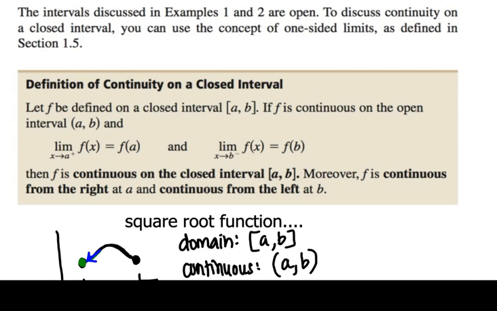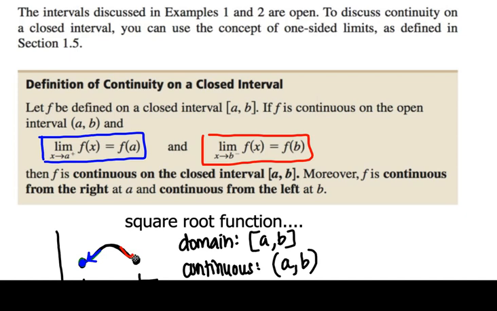It doesn't. So the limit does not exist from the left of A. That's why we've got this right here. The limit as x approaches A from the right is equal to f of A. And this one over here, if we look at B, the limit coming from the left exists, and it equals f of B. However, the limit doesn't exist on the right.